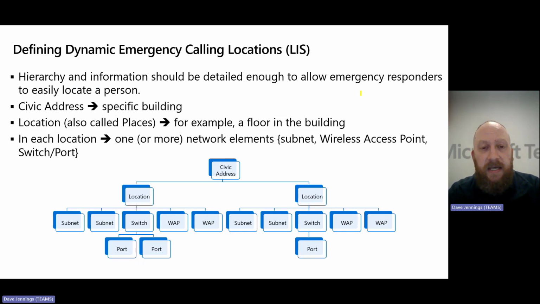The way that this works is that the Teams client will first try to look to see if there's a match based on location, and then further to that, it'll see if there's a more detailed match based on subnet, access point, again associated to the BSSID tied to that access point, or the MAC address of the switch, or the MAC address of the switch port instead.